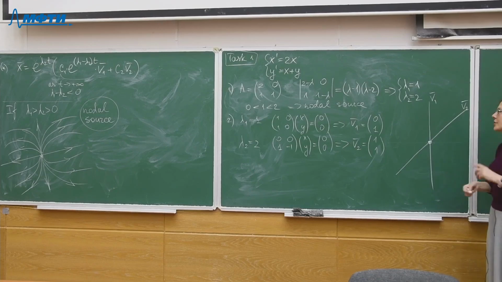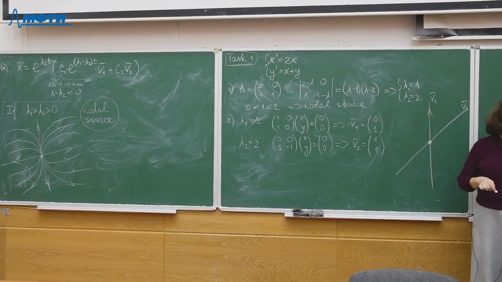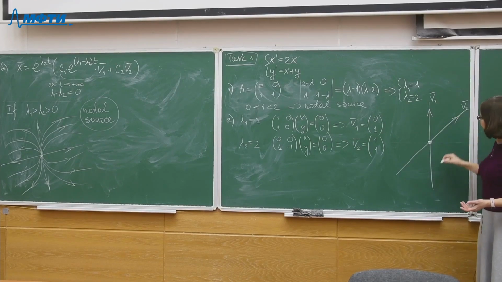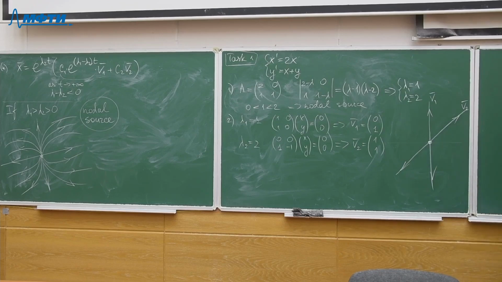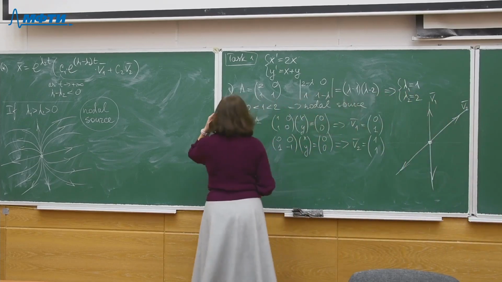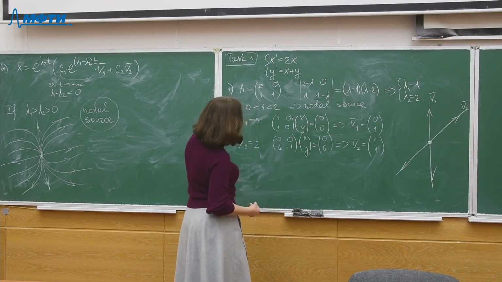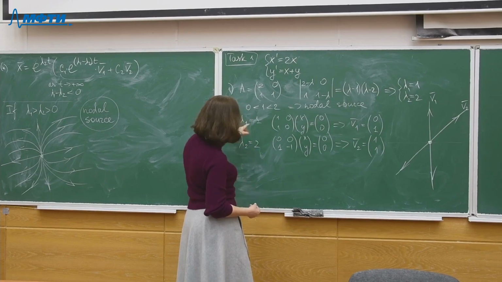Now, since it is a nodal source, the direction is away from the origin. And after this, we must decide which vector the trajectories approach, v1 or v2.